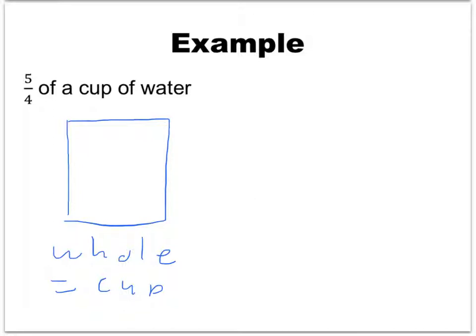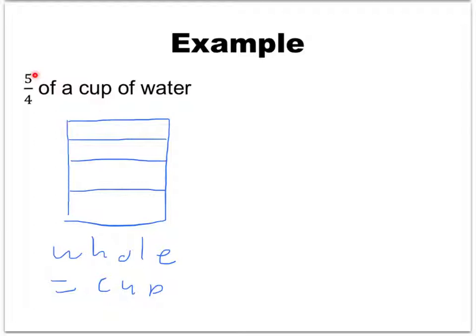Okay. Now our fraction is 5/4, the denominator is 4, that means we're going to divide that whole up into 4 pieces. So let's draw 3 horizontal lines like this to divide our whole up into 4 equal pieces. Those pieces don't look very equal, but we'll just pretend they are. And so there's my whole divided up into 4 pieces. Now the numerator is 5, so that means that I need 5 of those pieces.